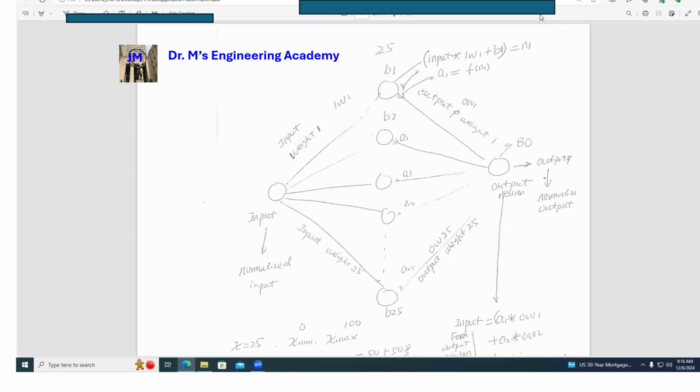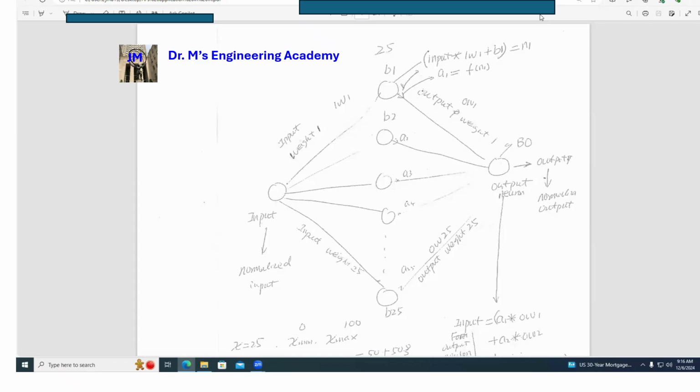Also, each of the hidden layer neurons has a bias value. Honestly, I do not know why MATLAB used this word. The bias value here is actually the negative of the threshold value we talked about for the neuron, okay?